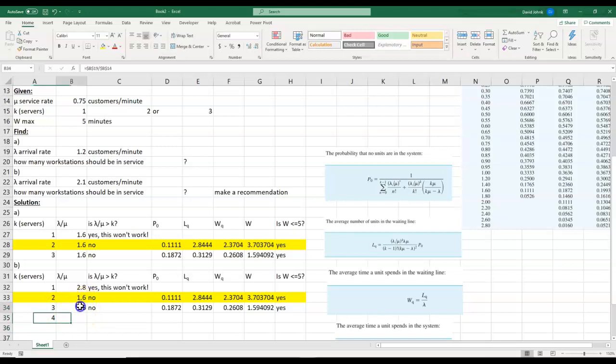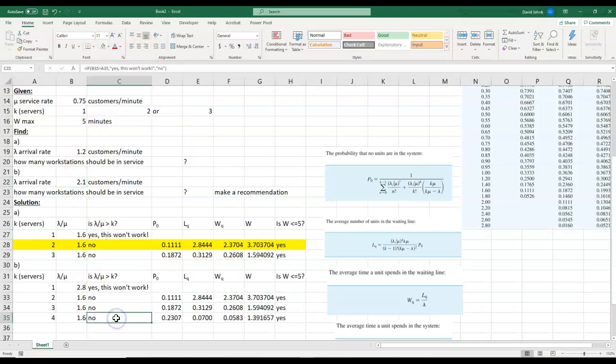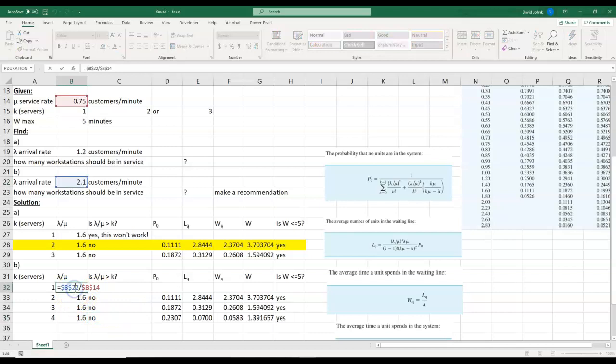We might need more than 3. So let's go ahead and just copy this down. I'm going to get rid of this yellow because we don't know yet how many servers we need because our arrival rate has changed. But we got to make sure this is equal to that divided by that. And then we'll copy that down. It's going to be 2.8.